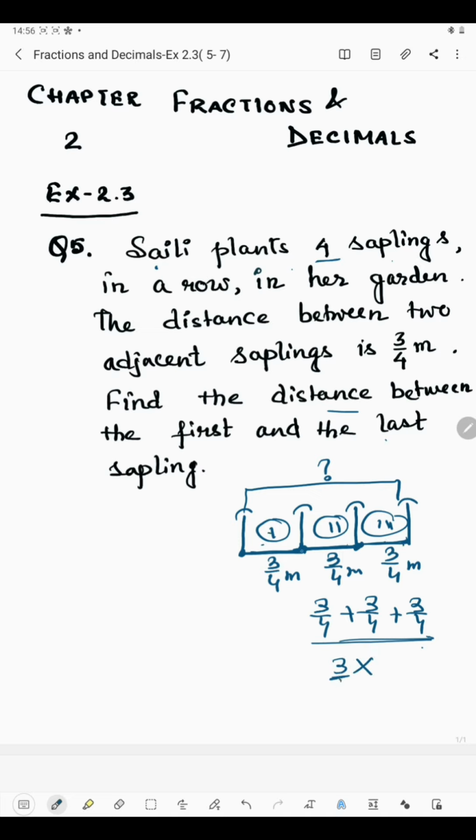So we will write 3, and the distance from first to second is 3 by 4, second to third is also 3 by 4, third to fourth is also 3 by 4. So if you multiply by the distance between each pair of saplings, we will get the total distance. Since the gaps are 3, it can be multiplied by 3 to get the answer.